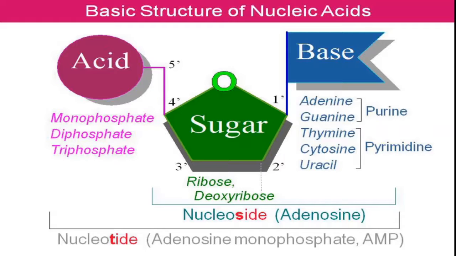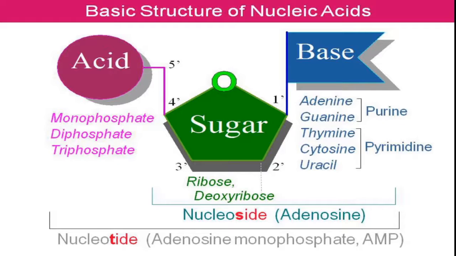Now the presence of these pyrimidines in the particular nucleic acid type that we are going to see, that is DNA and RNA, determines what type of pyrimidines are there. Then sugar is a pentose sugar.